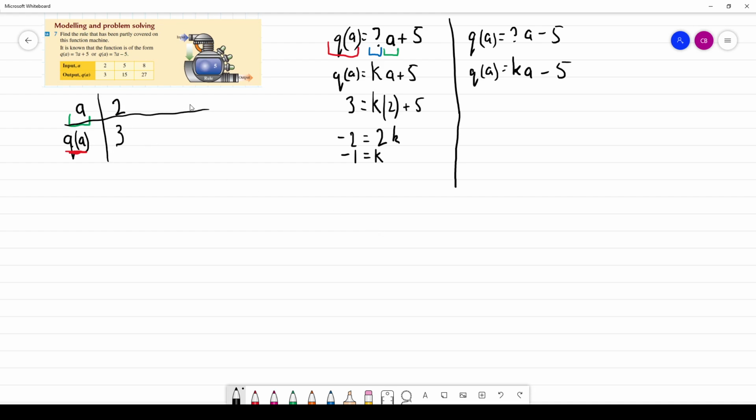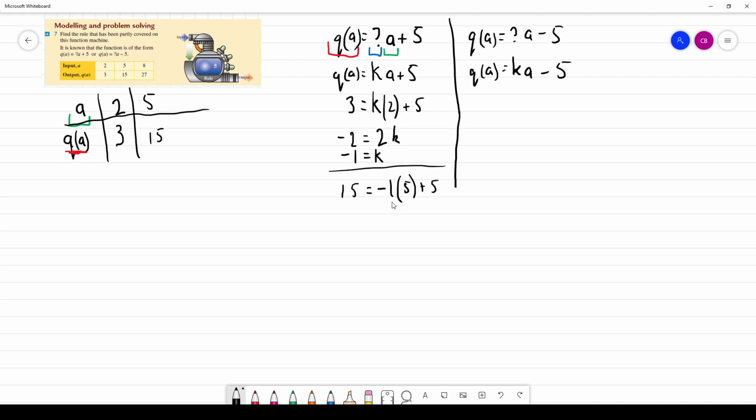Now we've got a lot more. We've got 5, 15. Let's see if that works using our first rule of Q(a) equals ka plus 5. So let's sub that in. So Q(a) equals 15 equals, now we've worked out k, let's sub in that and see if this still works. So negative 1, and our a value this time is 5, plus 5.